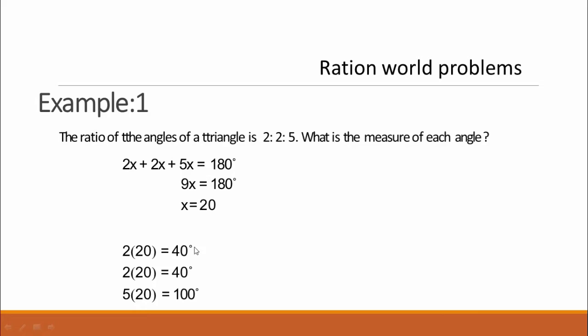The first angle is 2x, so 2 multiplied by 20 is 40, and the second is also 40, and 5 multiplied by 20 is 100. Adding these three results, we can verify our result: 40 plus 40 is 80, plus 100 is equal to 180.